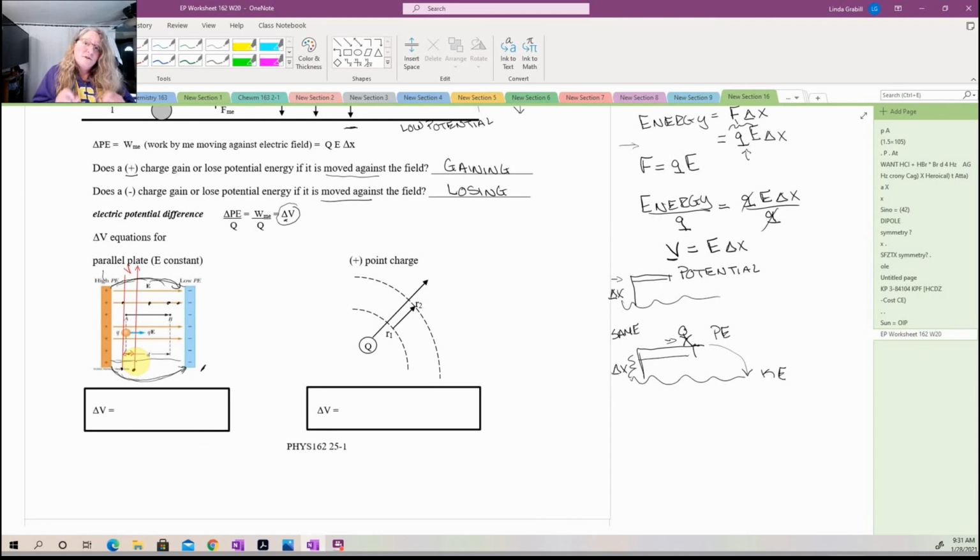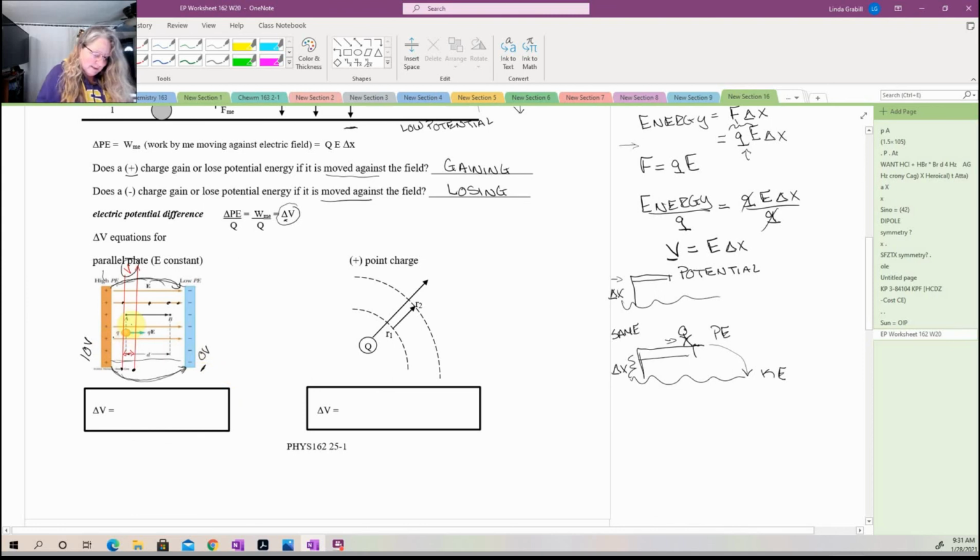Therefore, it doesn't disturb the field. When I measure potential with a voltmeter, I'm measuring a change in potential between two spots. If this was something like 10 volts, then when the probe is closer to here it's closer to 10 volts, and by the time it gets to here, it would be at 0 volts.